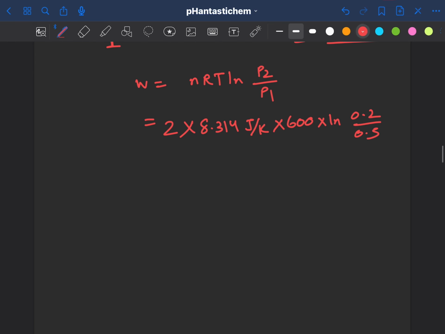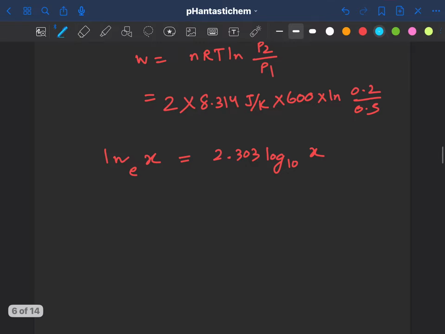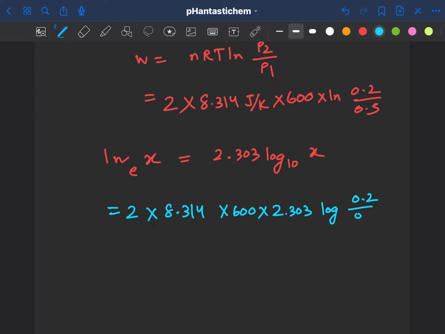Okay. So to convert, we know, right, ln of x base e is equal to 2.303 log of base 10 x. Okay. So we will rewrite this as 2 into 8.314 into 600 into 2.303 log of 0.2 by 0.5.